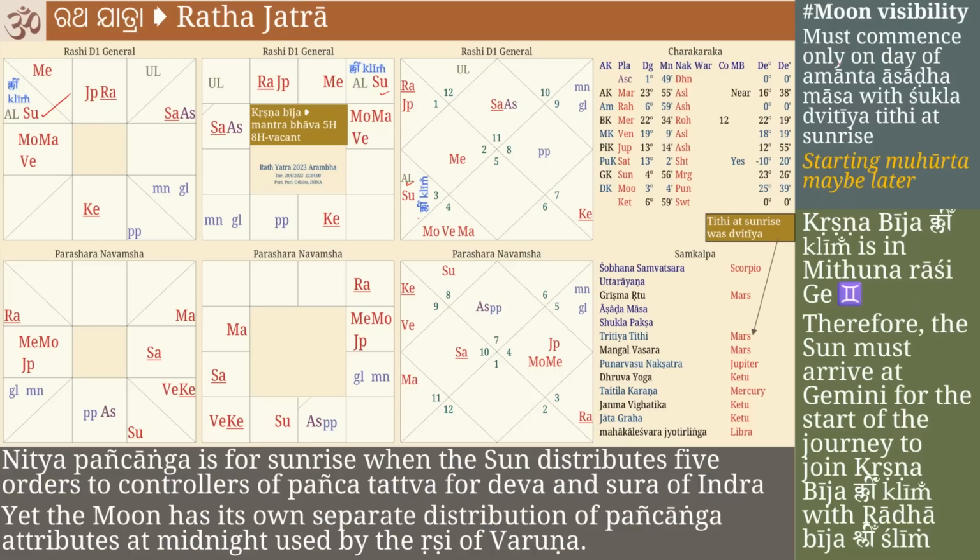So in this Amanta calendar, the month of Ashada will come. Ashada is a very important, very pure month. It is called the Adi month, not Adhika, Adi. It is having excess of purity.